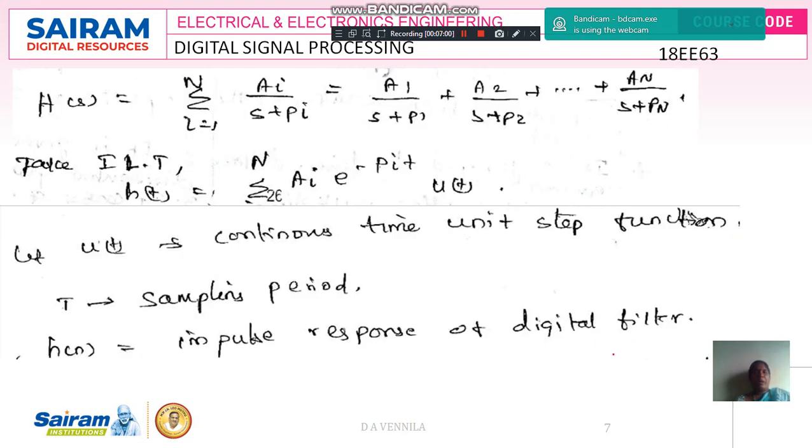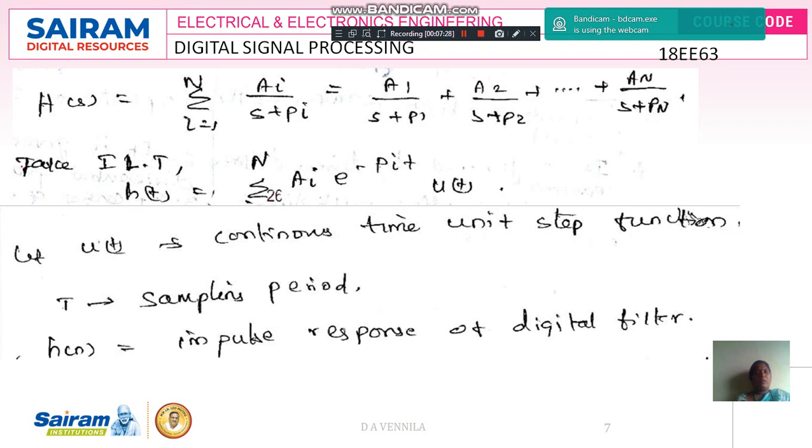Now, how are we going to write this H of s? H of s equals summation i equal to 1 to n of a i divided by s plus p i, where n is the number of distinct poles. This will be given by a1 divided by s plus p1, where p1 is pole 1, and so on up to pn, which is pole n.